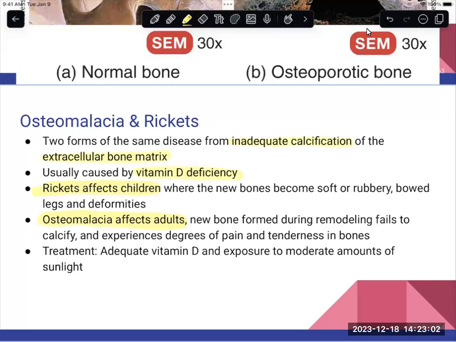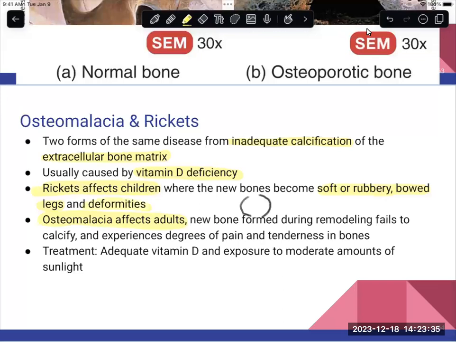Meaning if we replace that vitamin D, it can help fix this problem. So when a child has it, their bones become soft and more rubbery, they have a bow-legged appearance, like legs that kind of bow out. They could have other deformities, depending on how long they've been going on with rickets with this vitamin D deficiency.